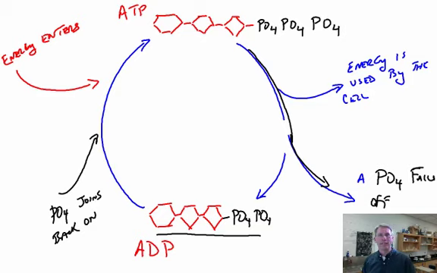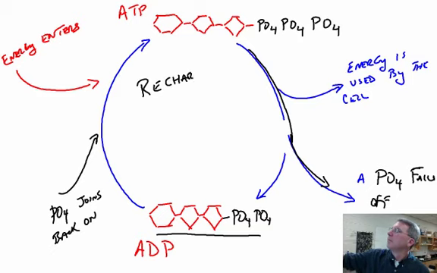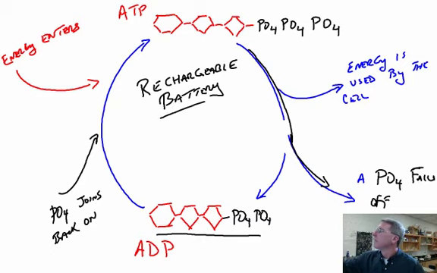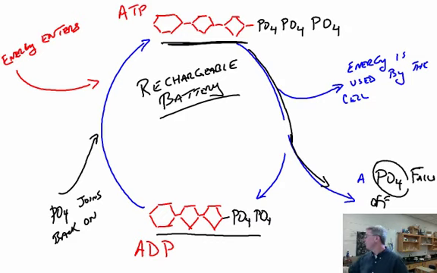One way you can think about this is like a rechargeable battery. So here is your fully charged battery with 3 phosphates. And when you use it, that battery starts to fall apart, making PO4-like chunks that fall off, and the energy gets used, just like you put a battery into your cell phone, and the energy is used by the cell phone, and pretty soon your cell phone is going dead.